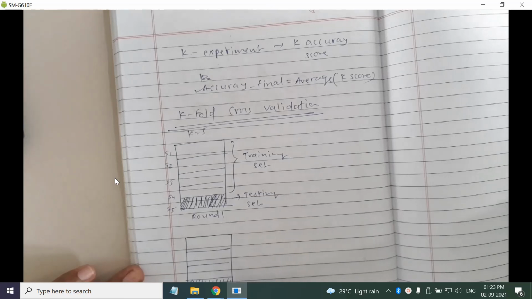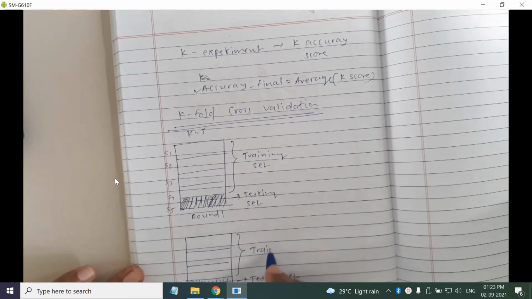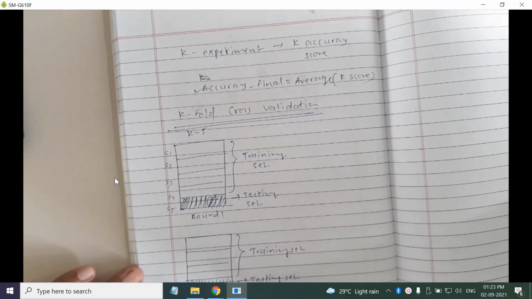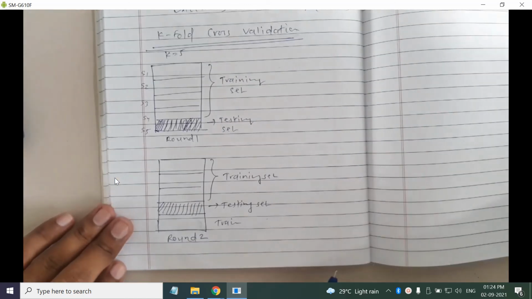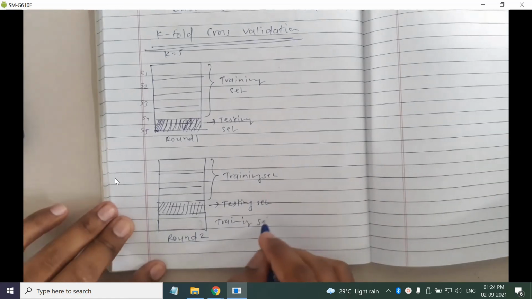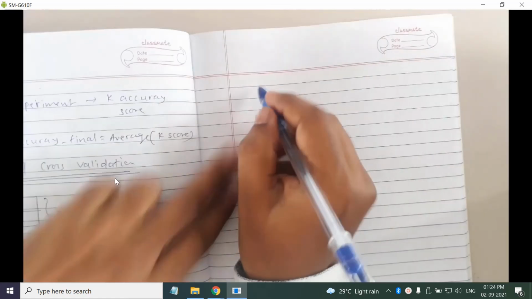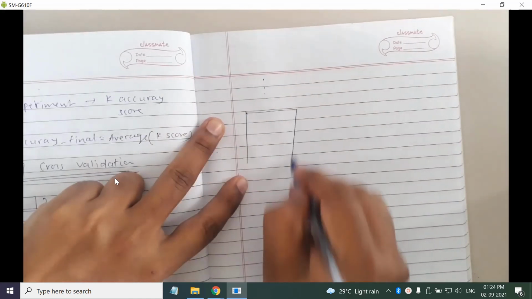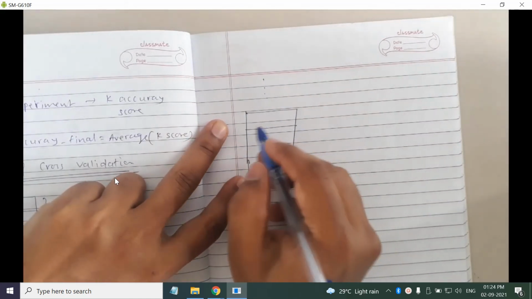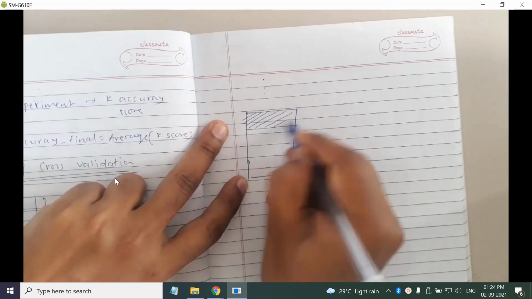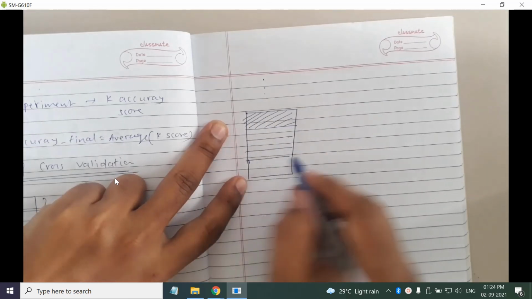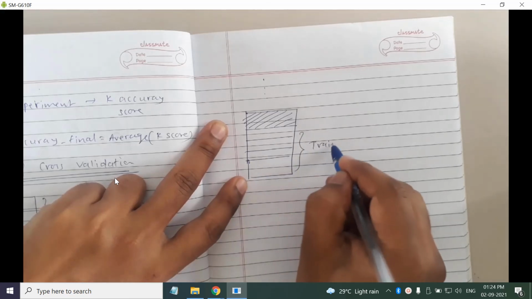every time I am using a different portion for testing, so I will get a different accuracy score. This is my round 2, training set, and so on. In the final round, I will be using the first section for testing and the remaining 4 for training.